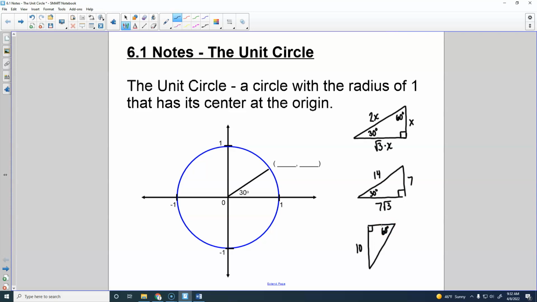So this time I do not have the shortest leg. It's much easier if you know the shortest leg. This time I have the longer leg. And so if I want to go from the longer leg back to the shorter leg, what would I have to do?